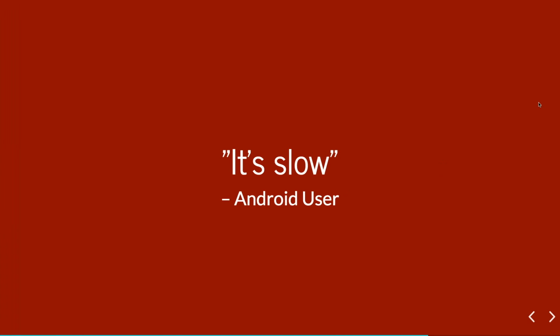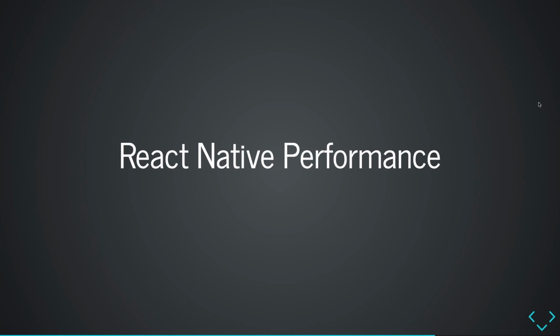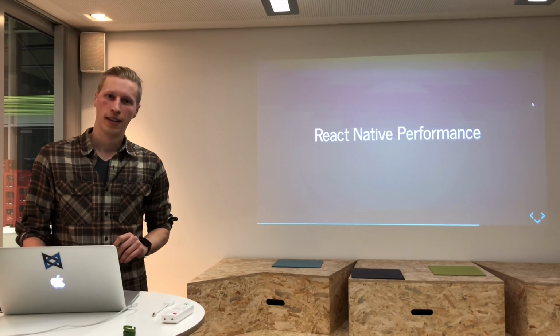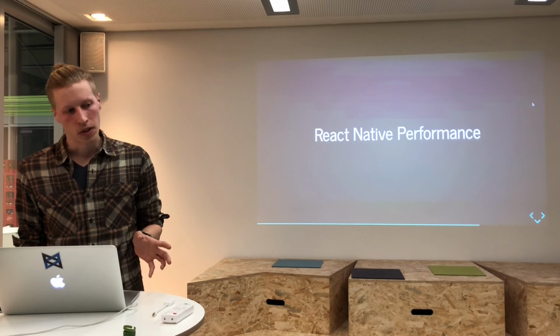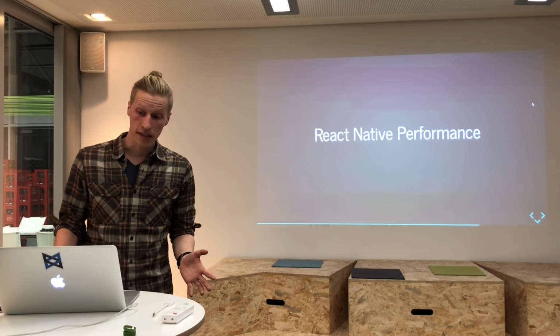All right, we've solved all of our bugs. It's time to ship again, but it's slow. So how does one tackle performance in React Native? And you noticed on the previous slide that I said Android user. That's not because Android is worse than iOS, although it is.